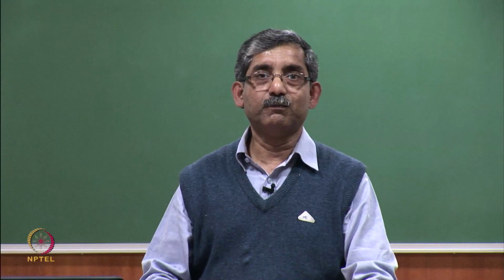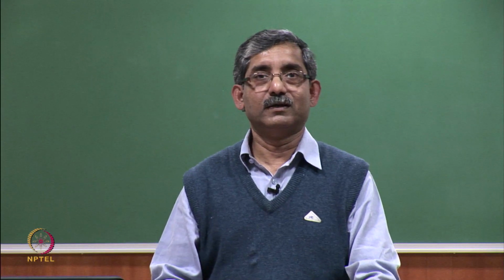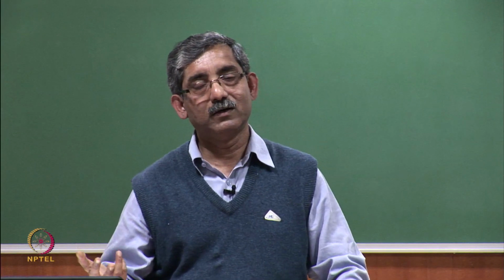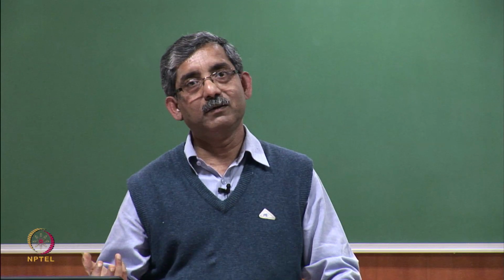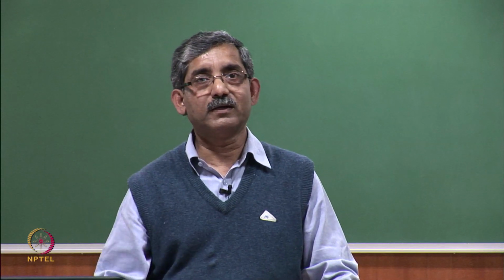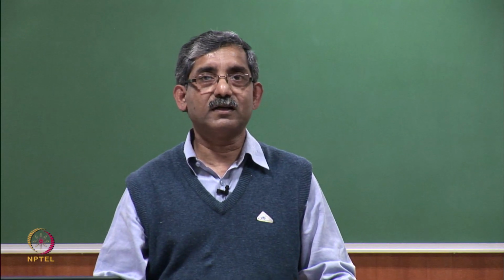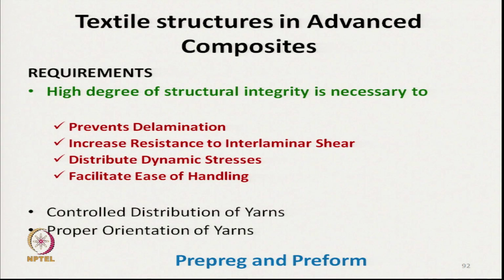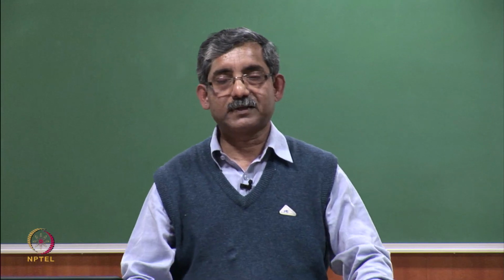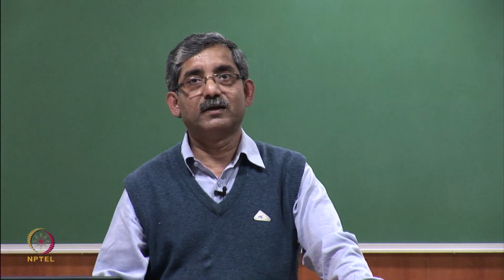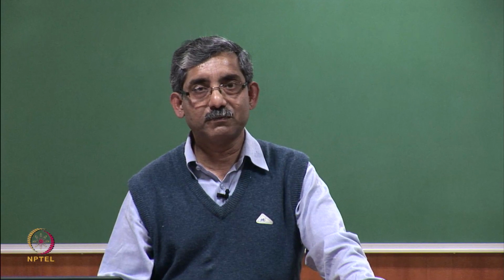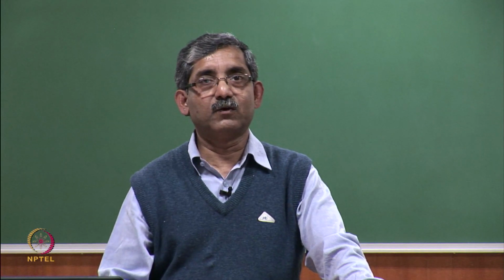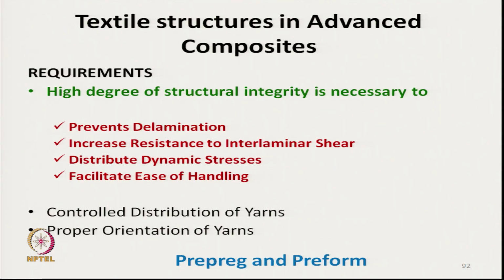On the other hand, prepreg is a preform, but with impregnated or incorporated matrix materials in it. So, the basic requirement of textile structures for advanced composite materials is a high degree of structural integrity.